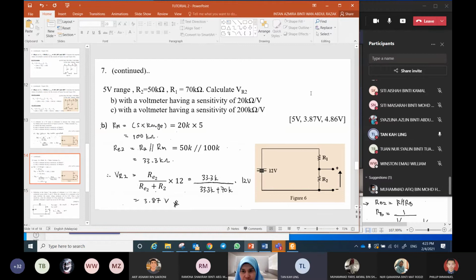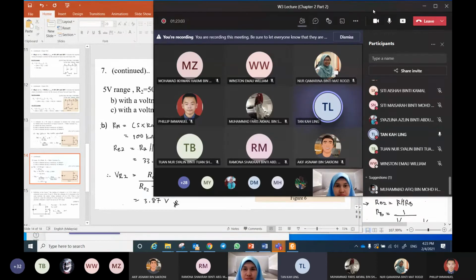I haven't done this tutorial. I don't know how to calculate. This is very basic, you can calculate without a calculator as well.